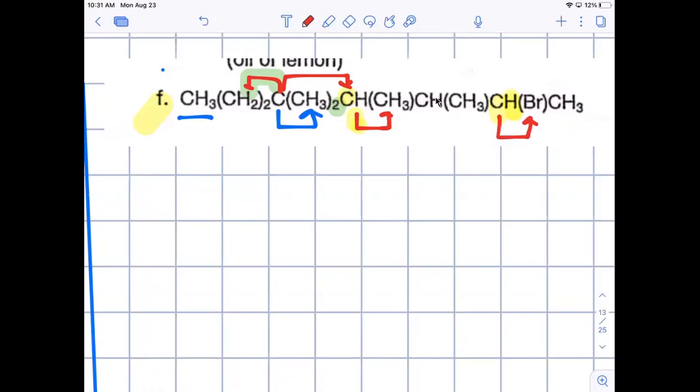So let's start at the C at the far left. We're not going to start at the CH3, we're going to start at that C. So we start here, and we know that that has 2 CH3s attached to it. So this is a CH3 and that's a CH3.